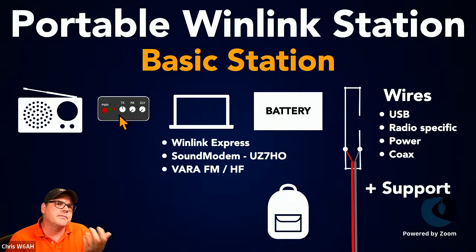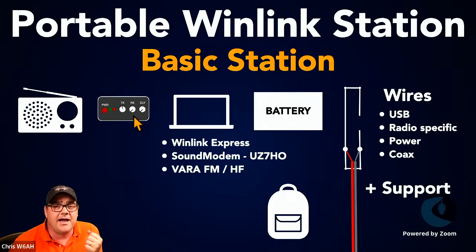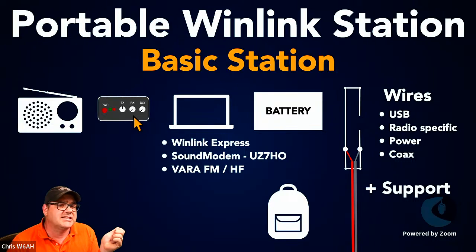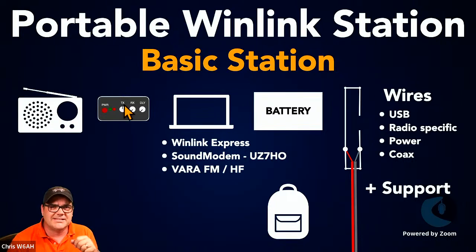You're going to need some kind of interface between your radio and your computer, and there are a variety of them out there. This might be as simple as just a USB cable that connects some radios directly into the computer. You might need something like a SignaLink or a Digirig, or there's a variety of other ones out there, but some sort of interface that you're going to use.